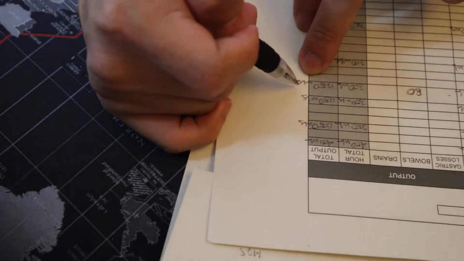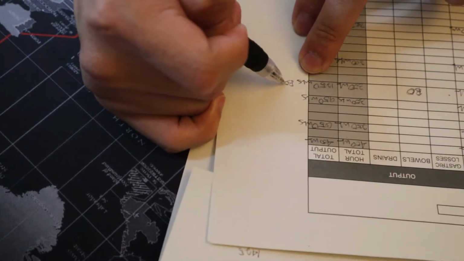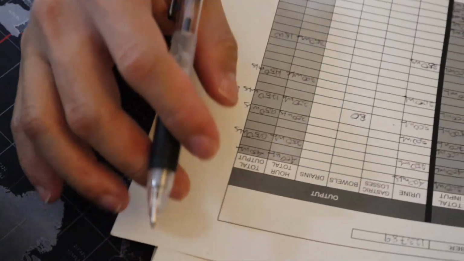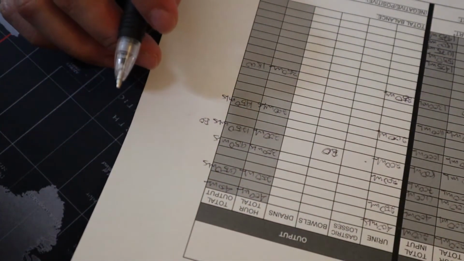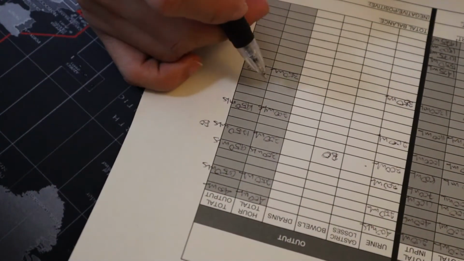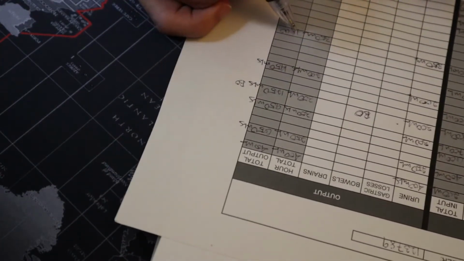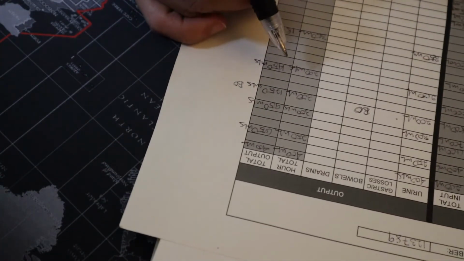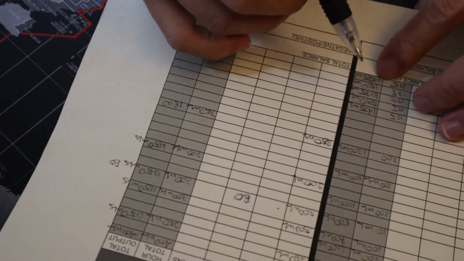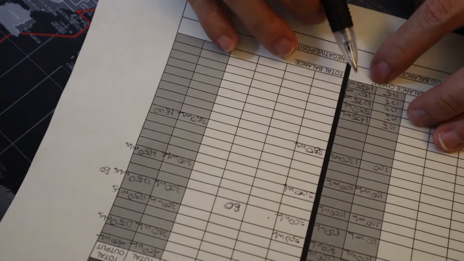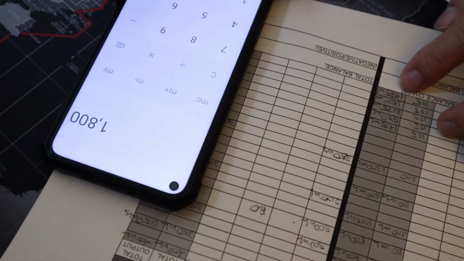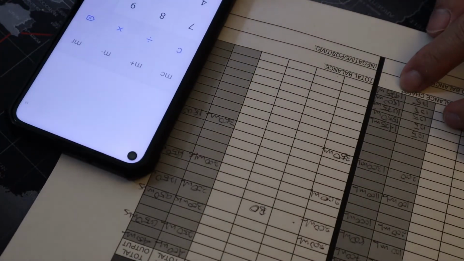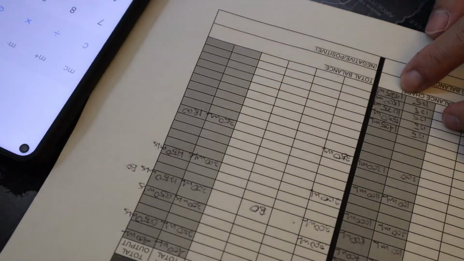Let's just put bowels open there as well. So right, let's just total it now. The output is 1800 and the input is 1925. So we just have to deduct the output from the input.